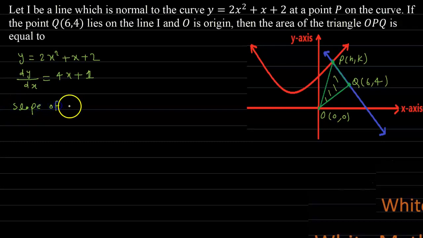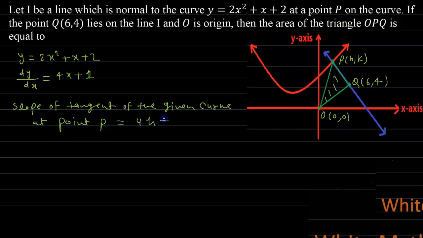slope of tangent of the given curve at point P is 4h + 1, and this is the line l.